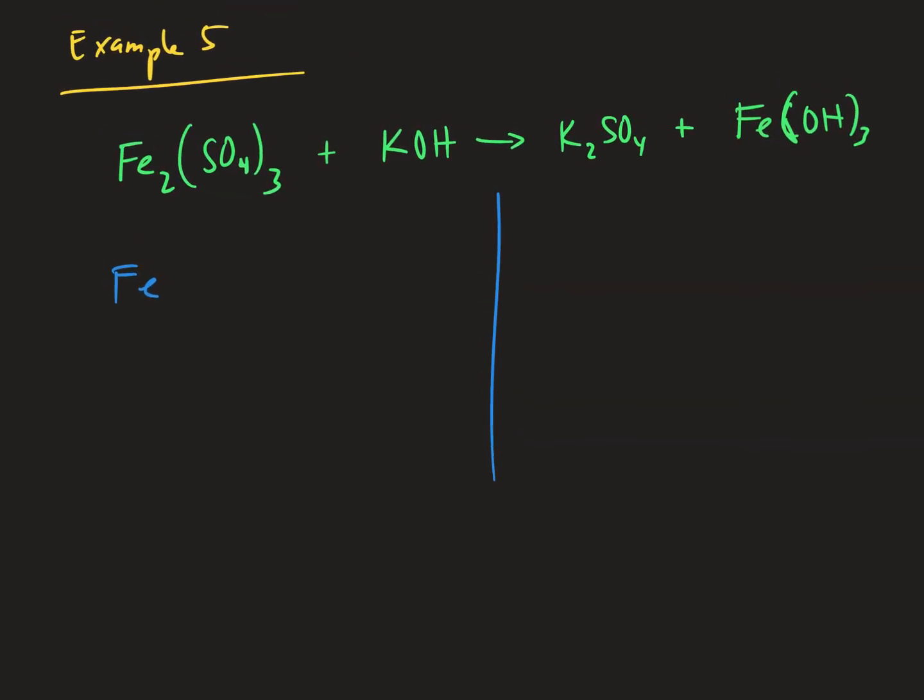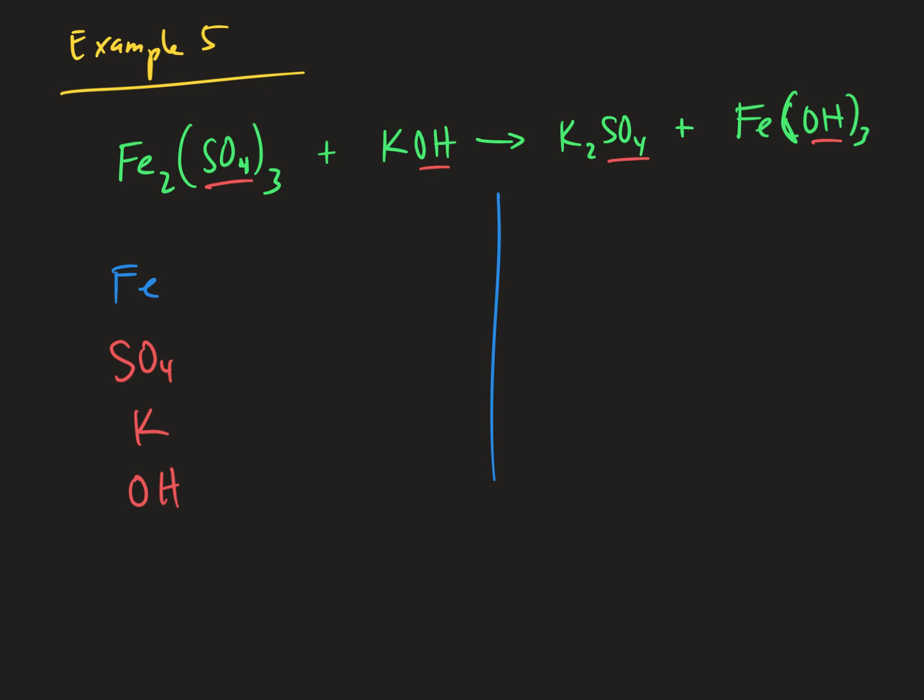So we have iron, and here we see we have sulfate on both sides, SO4, right? So I'm going to just count the SO4s. And potassiums, and I have hydroxide on each side, sorry.